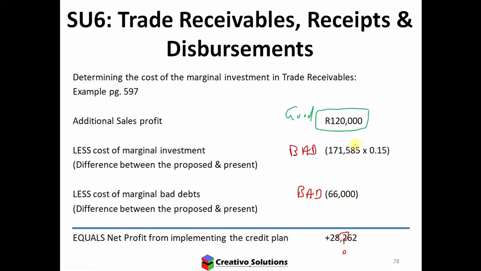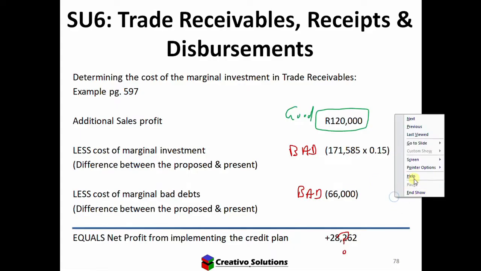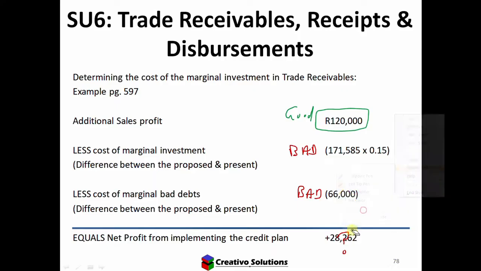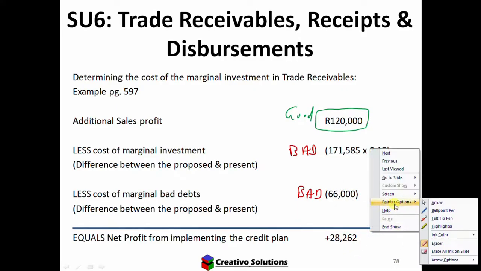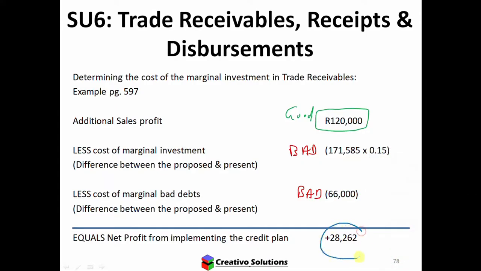Well, if you do the calculation, you get that answer. Okay, is that positive or negative? It's positive. Correct. So are you going to implement the plan? Yes. Yes, you will.